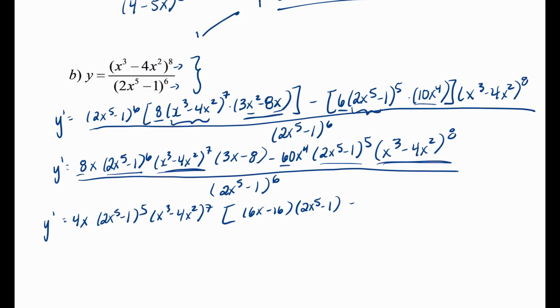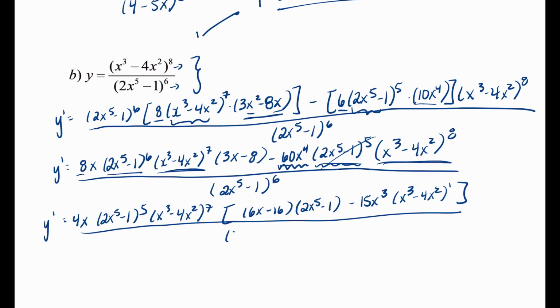My second term on the top, I have 15x^3 from this part here. My 2x^5 - 1 is gone now. And I have (x^3 - 4x^2) to the power of 1. And my denominator is still hanging out. Oh, sorry. I just realized I forgot to square the denominator.